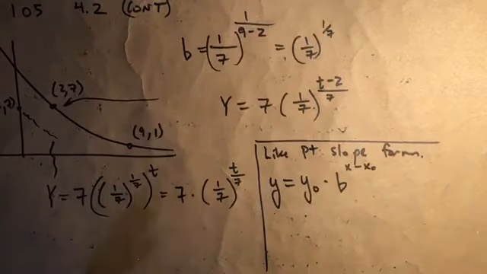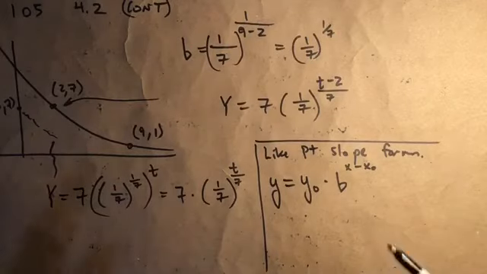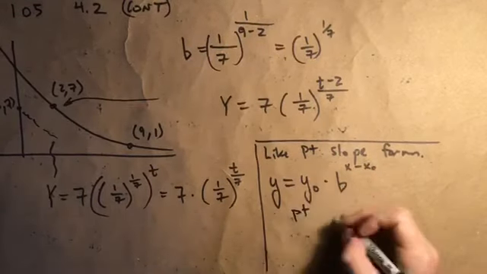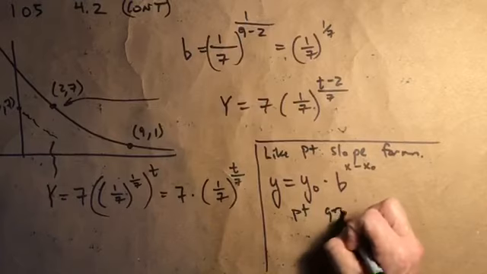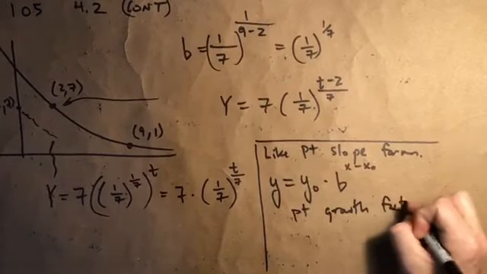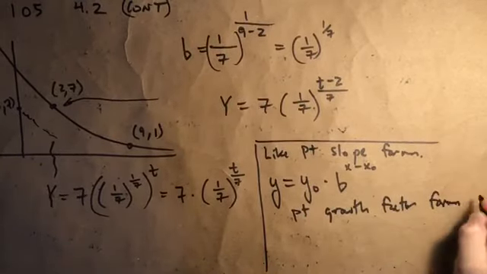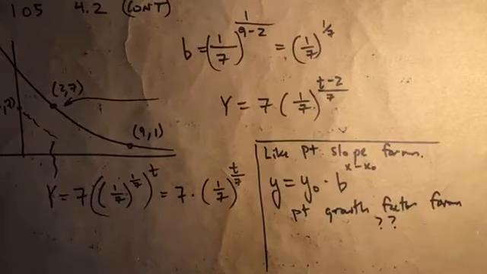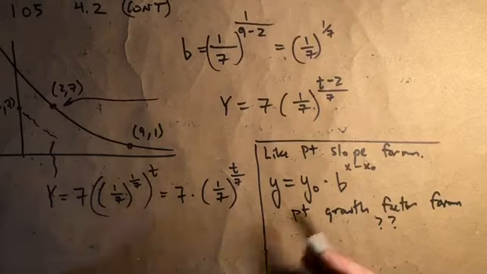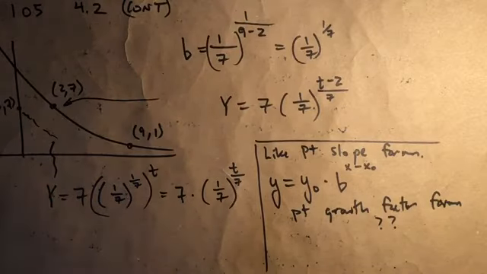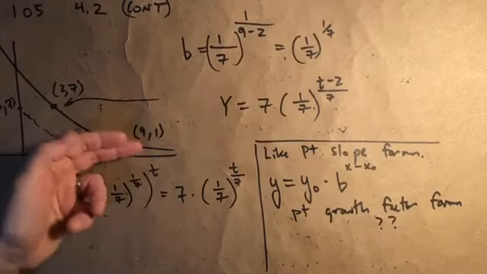And so it's like point slope form. Maybe I could call this like point growth factor form. Now, I don't think that's in any textbooks. I'm not really in love with this idea, but it's a way for you to begin to get your head wrapped around it, because I despise finding an initial value when I'm given these other points.